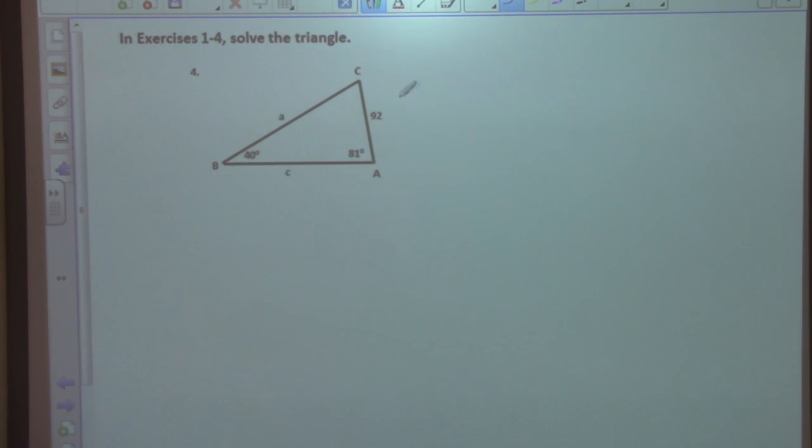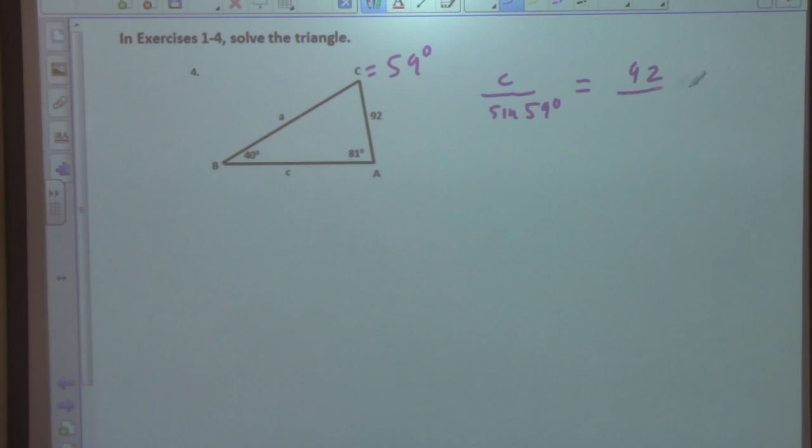I added the 40 and 81 and then subtracted them from 180 and got 59 for C. So 59 degrees, okay. And then I solved for little c. So c over sine 59 degrees is equal to 92 over sine 40.